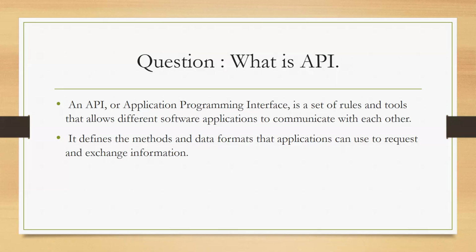If you want to pay by UPI, it will show some different apps, right? They are not related to this application, but whenever you press on Google Pay, it will redirect you to Google Pay to do the payment, right? So here Google Pay is interacting with your system or project, and to interact, these two different applications use the API.